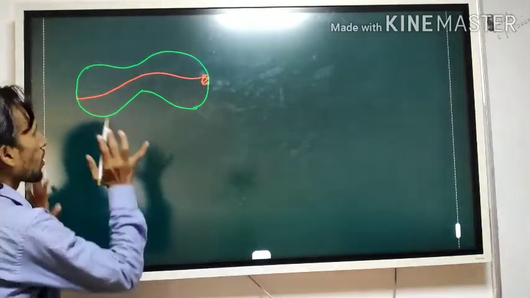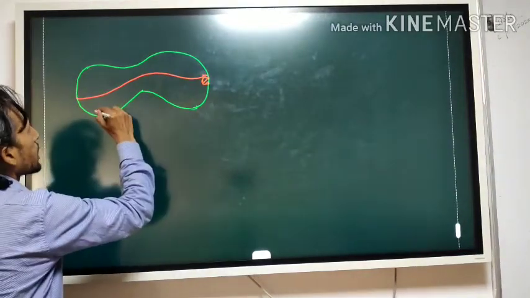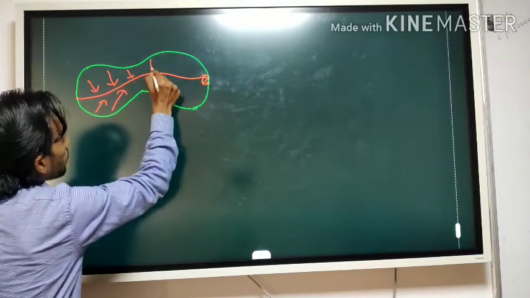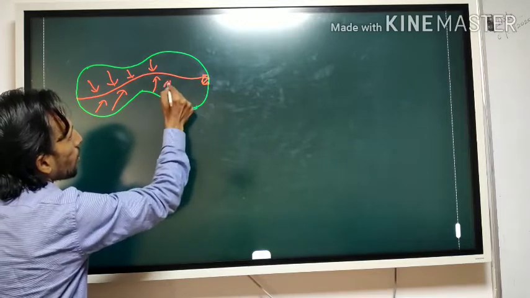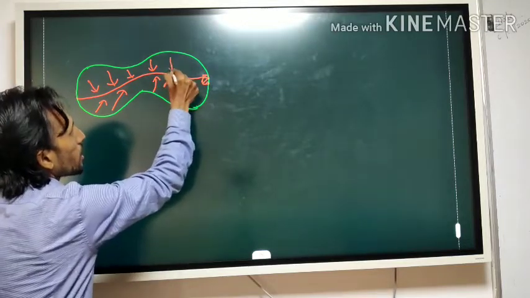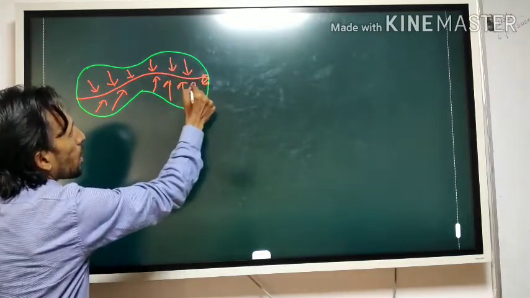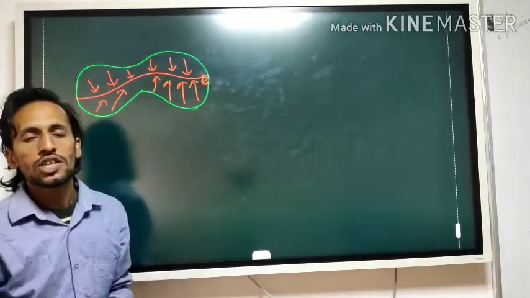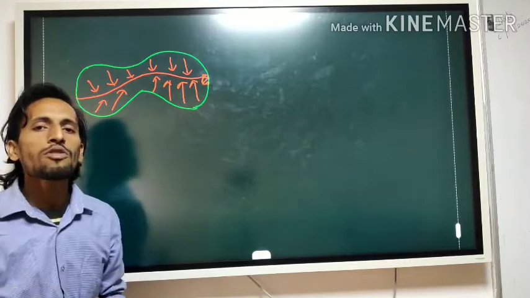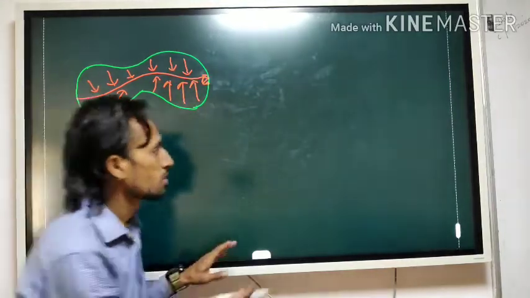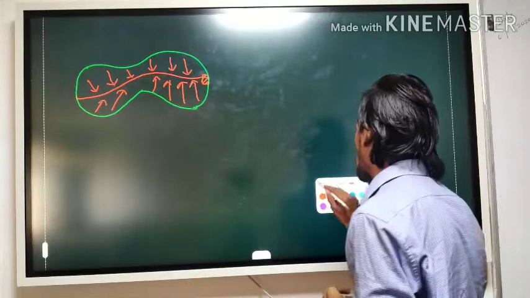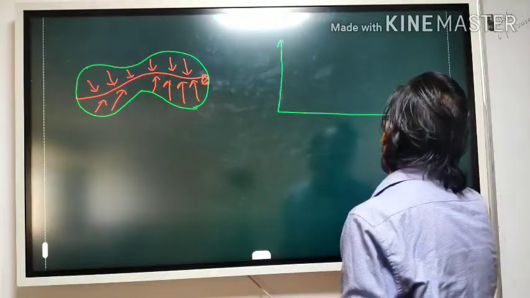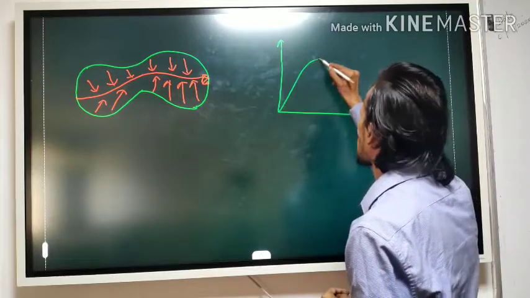When rainfall happens in this catchment area, water will be flowing like this, and you have set up your gauge station here. So how will the hydrograph be? If you see here, the hydrograph will be something like this.